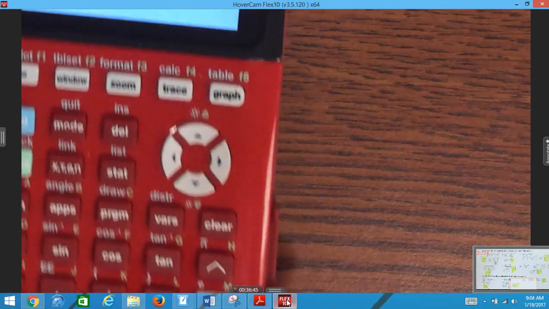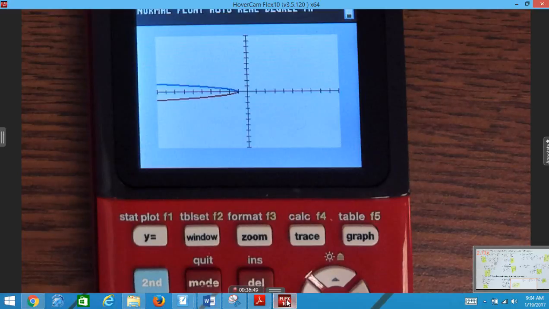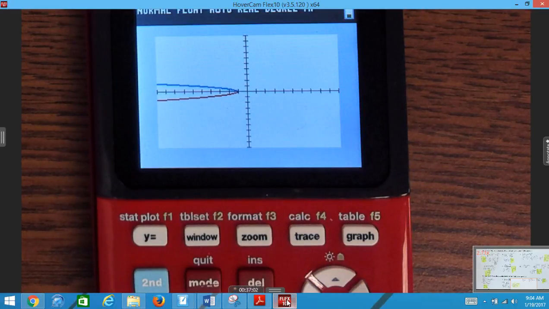The vertex is the center of the parabola, like where it changes direction. So this is what it should look like if you typed it in correctly. I hit Zoom 6 also. If you're still in Zoom Square, like Zoom 5, it might be a little different. But I can totally tell where my vertex is and which way it opens. To the left.